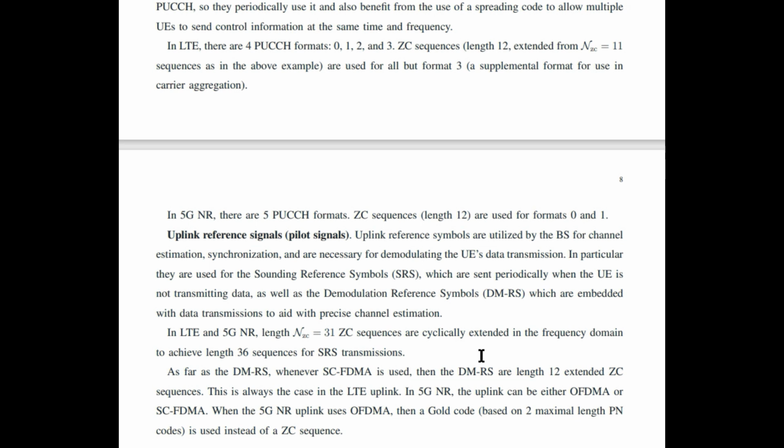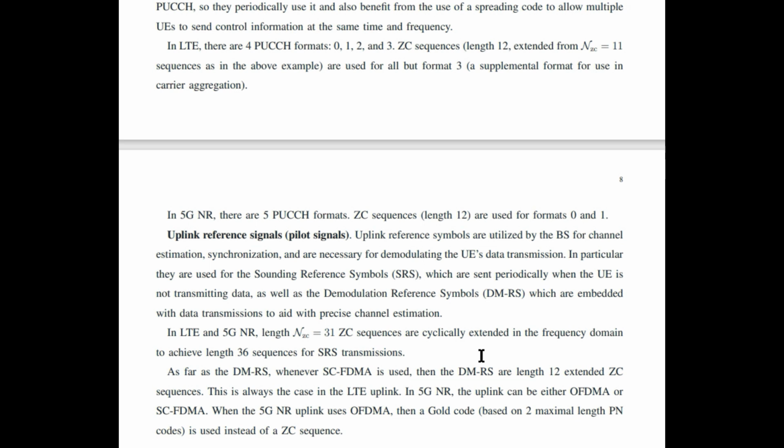In particular, they are used for the sounding reference symbol, called SRS, which is sent periodically when the UE is not transmitting data, as well as the demodulation reference symbols, DMRS, which are embedded with data transmission to aid precise channel estimation. In LTE and 5G NR, the length N_ZC is equal to 31, and that is cyclically extended in the frequency domain to achieve a 36 length sequence for SRS transmission, right?